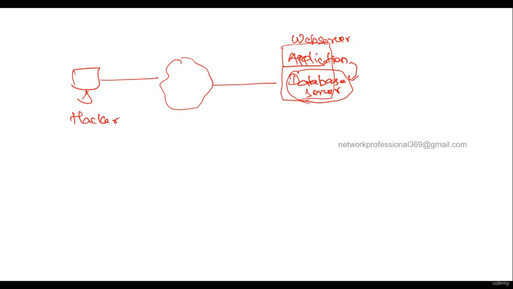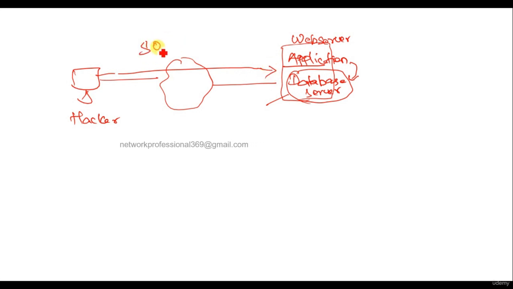Especially in SQL injection, the attacker gets access to the database. In a general request, he will inject an SQL command, and he will get access to the web server, because he is compromising the database server.